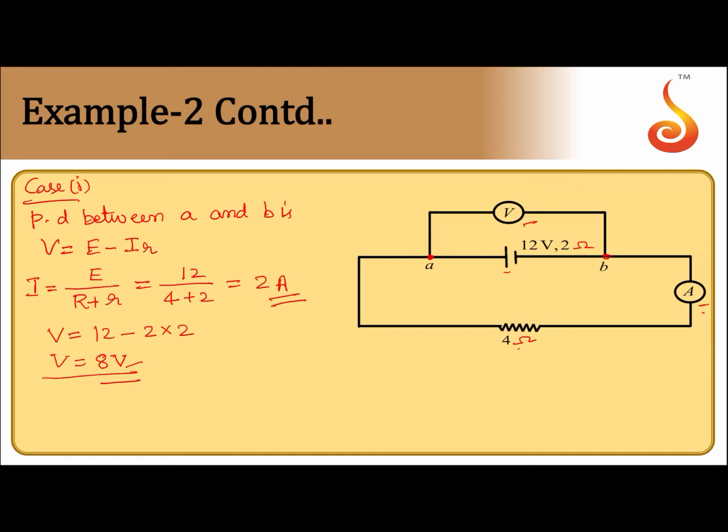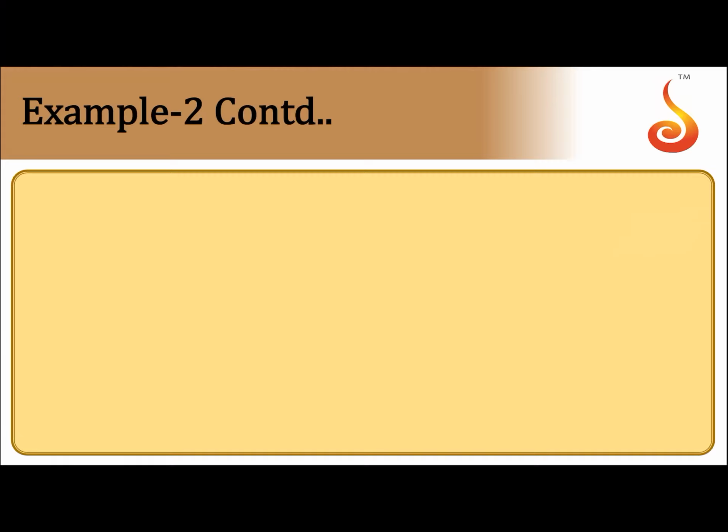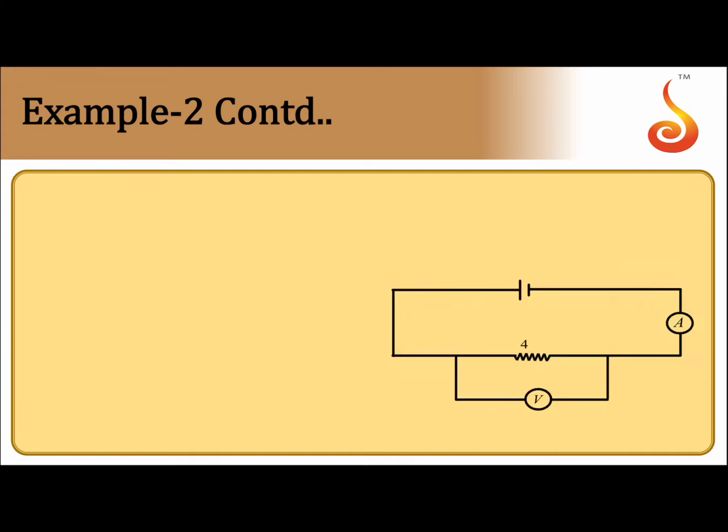Now moving on to second case, where voltmeter is connected across the 4 ohm resistor. Let us say this is C and D. So EMF is 12 volt, internal resistance is 2 ohm.